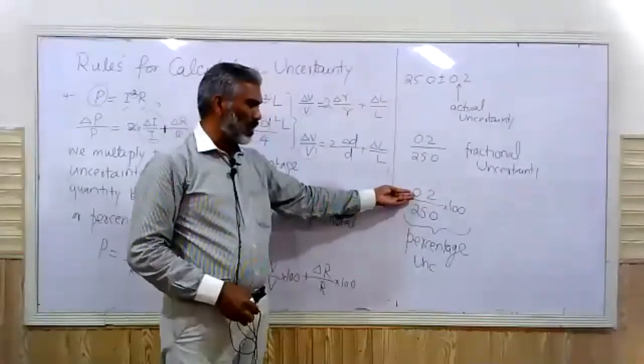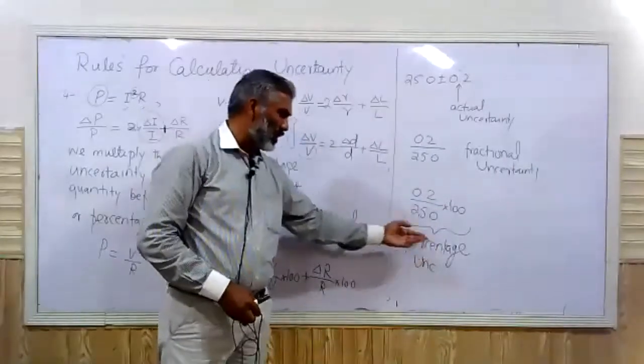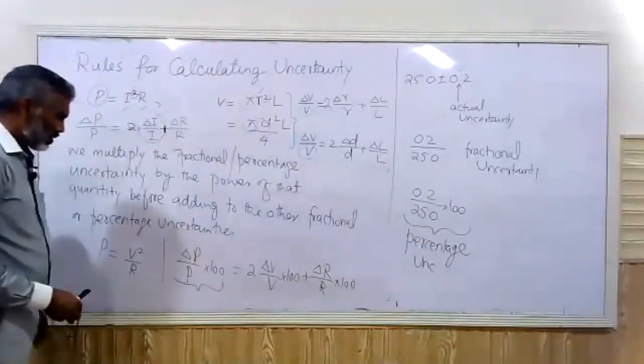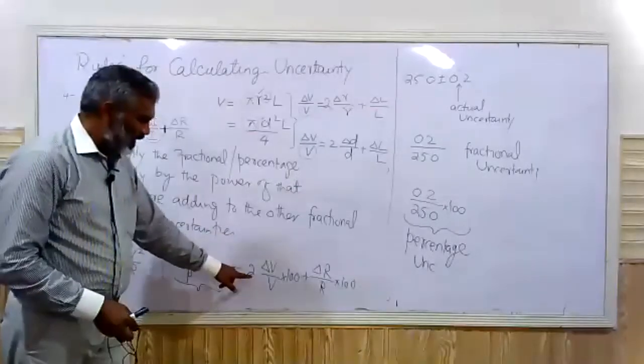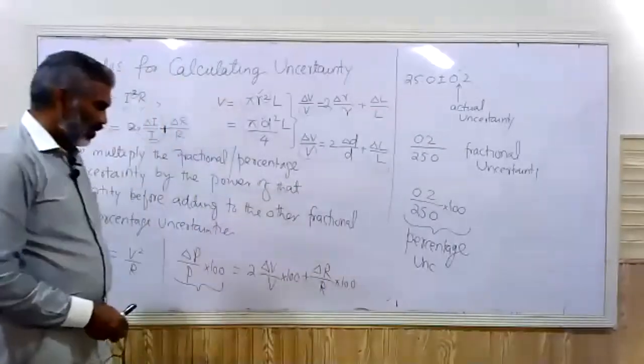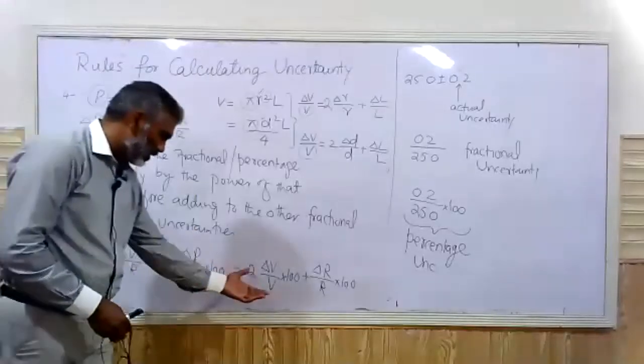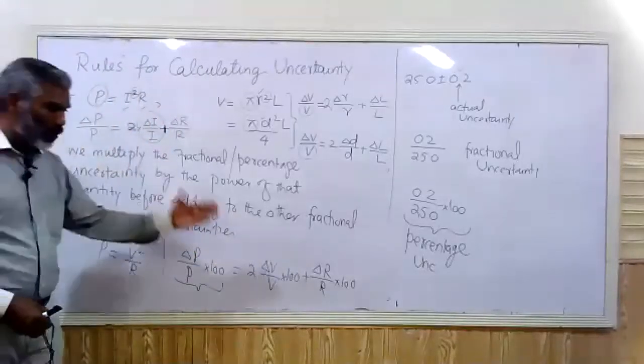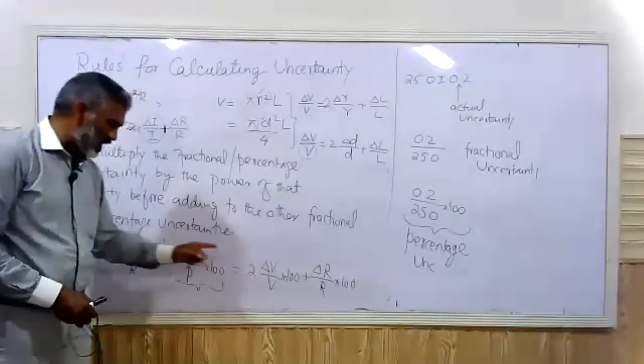It could be 0.1 or 0.2. We multiply by 100 and we get that number. So we multiply that number by 2 before adding it to the percentage uncertainty of R. So we add these two. The answer is the total percentage uncertainty in P.